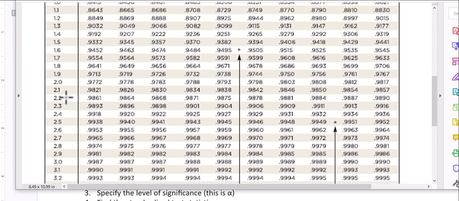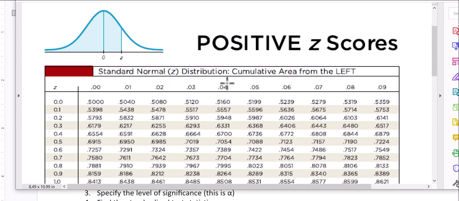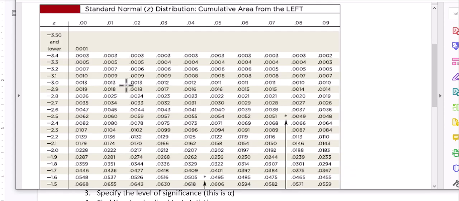which is where? So there's 2.1, 0, 1, 2, 3, 4. So 0.9838. Now remember though, this is giving you the area to the left. The nice thing about the bell curve is that it's nice and symmetric, right? So instead of having to do 1 minus the area on the left, let's look at the negative z-scores.